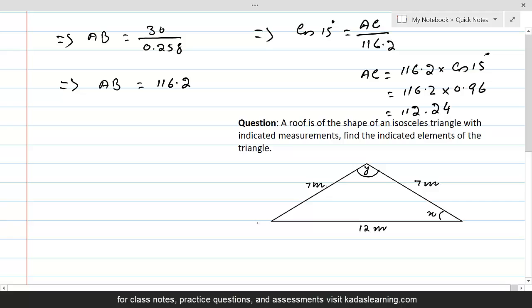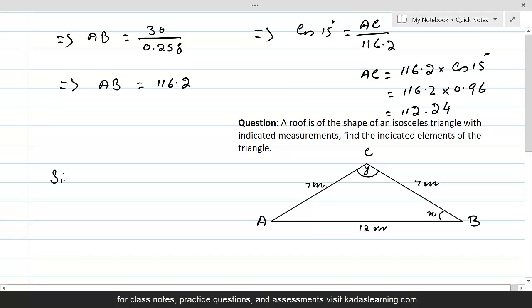Let's name this triangle A, B and C. Because the side AB is longer and sides AC and BC are both equal sides, the angles opposite to equal sides must be equal as well.